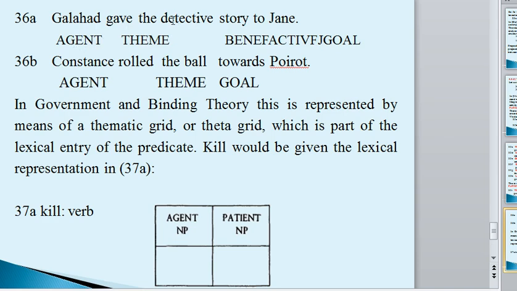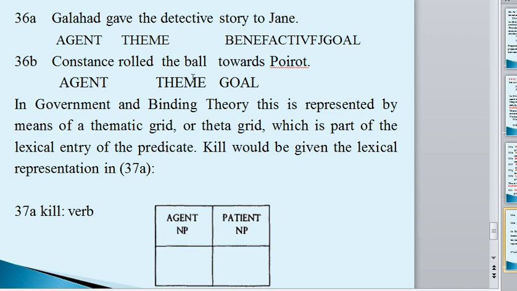This is the verb. The detective story, this is the theme. Okay, this is the theme. And to Jane, Jane here is benefactive or goal. Maybe goal; someone said this is the goal of the sentence, and someone says this is the benefactive of the sentence.